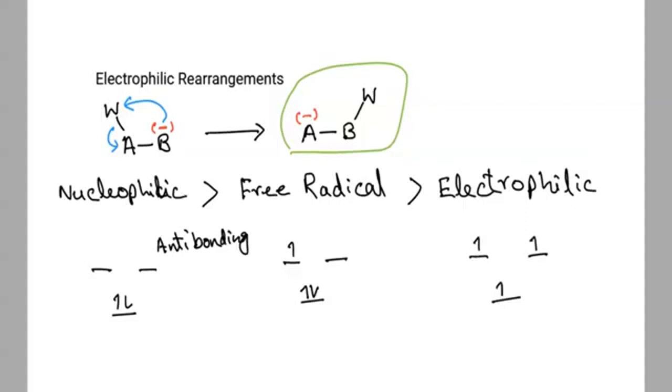So nucleophilic rearrangement is more prevalent because here this antibonding molecular orbital is empty, while in case of free radical there is one electron in antibonding. In case of electrophilic there are two electrons in the antibonding. So this is the basic reason why nucleophilic rearrangements are more prevalent as compared to free radical or electrophilic rearrangements.